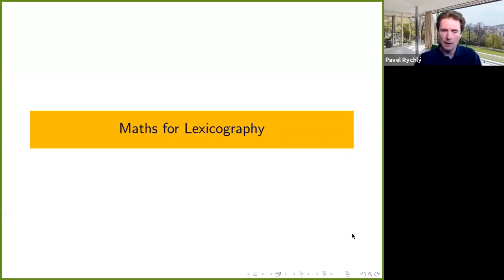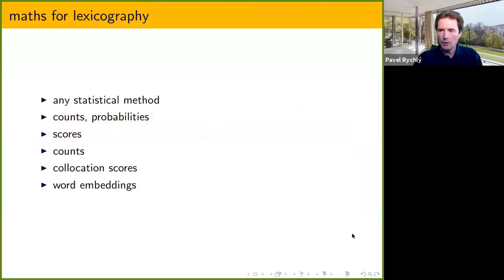Okay, so now about the math for lexicography. We use the math quite often, especially when we use some statistical methods. We do a lot of counting, computing some probabilities, different scores, and so on.